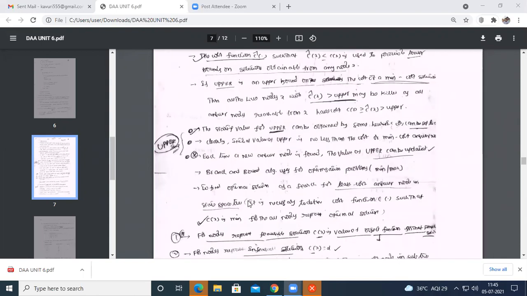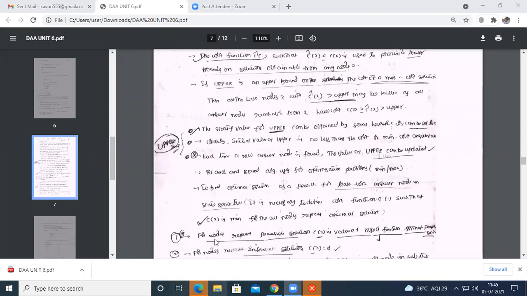C cap X must be defined such that C of X is minimum for all the nodes representing the optimal solution. If any node has C cap X greater than the upper value, it must be killed. It cannot generate any children.